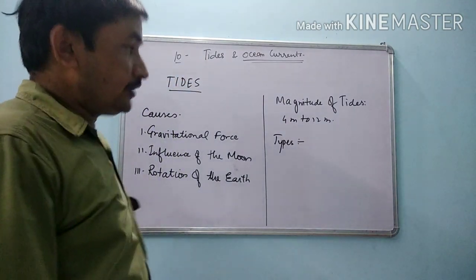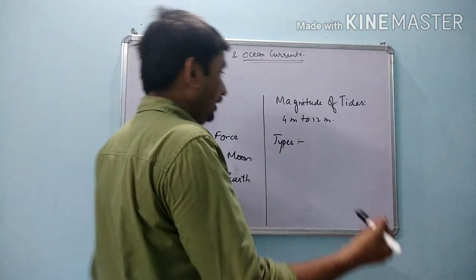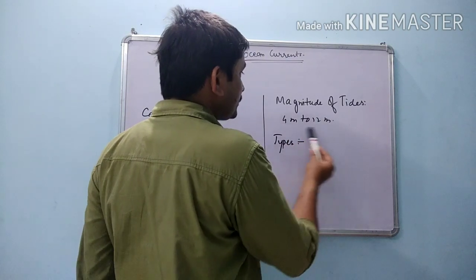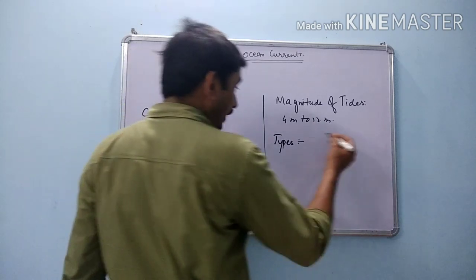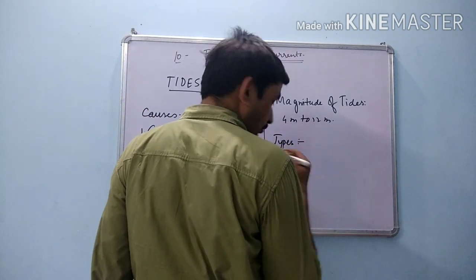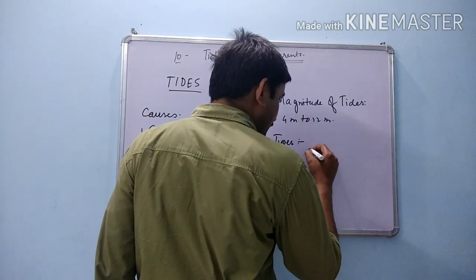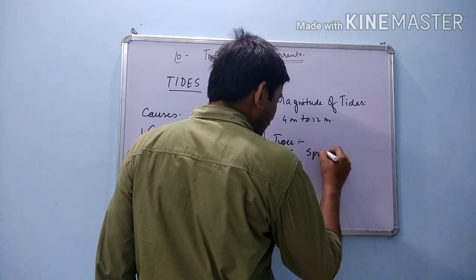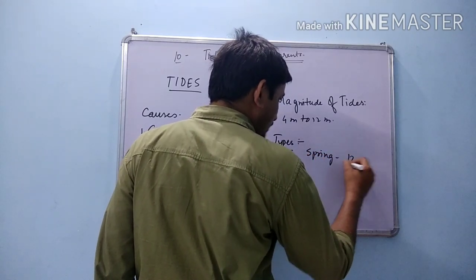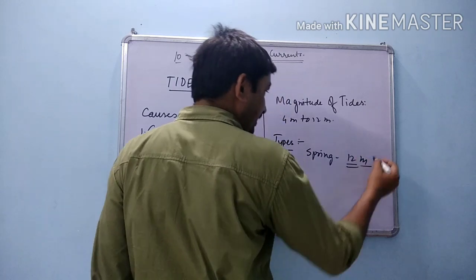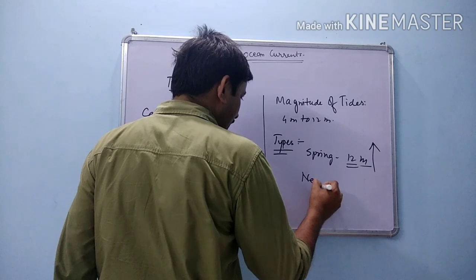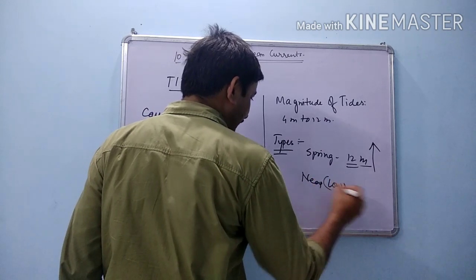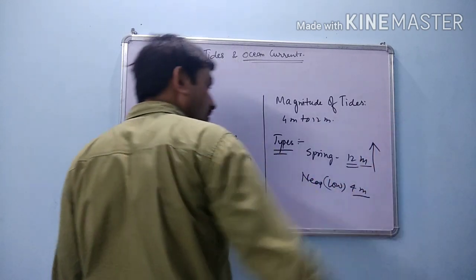Next, the magnitude of the tides. It is from 4 meters to 12 meters. Types of tides: the spring tide, approximately 12 meters, which means high tides, and the neap tide, which is the low tide, 4 meters.